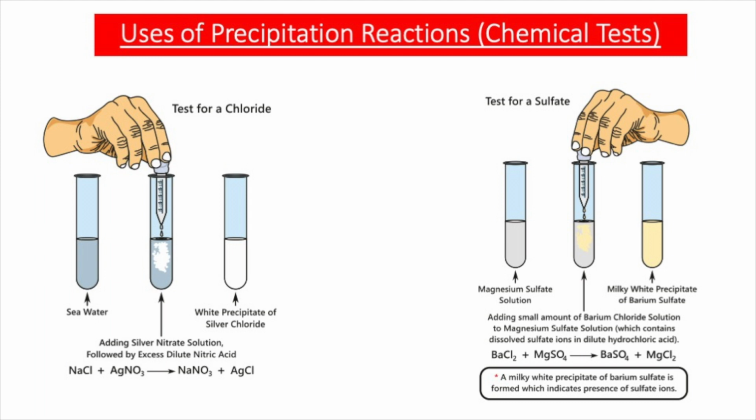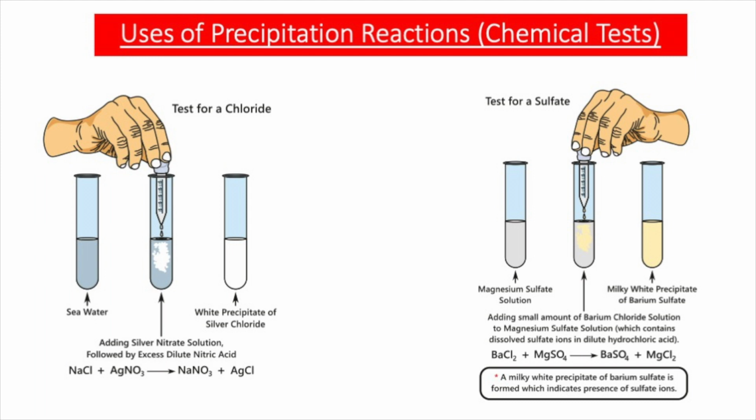The white precipitate indicates that we must have had a chloride present, and therefore silver nitrate can be used as a chemical test for any chloride.